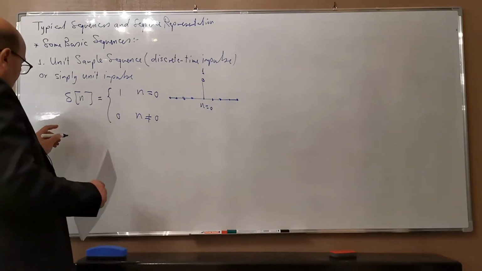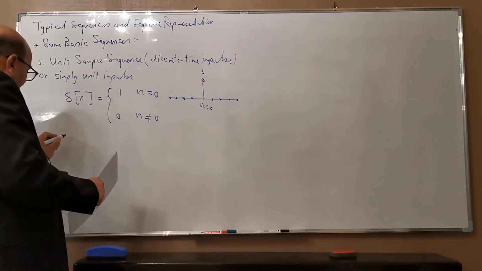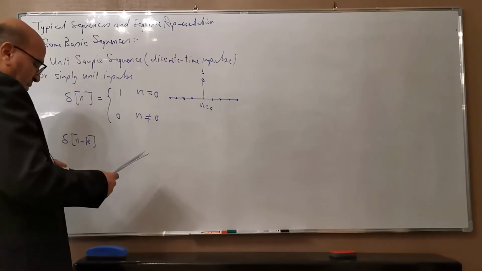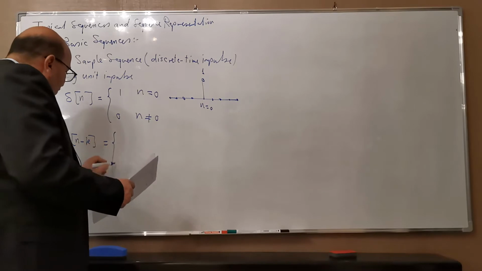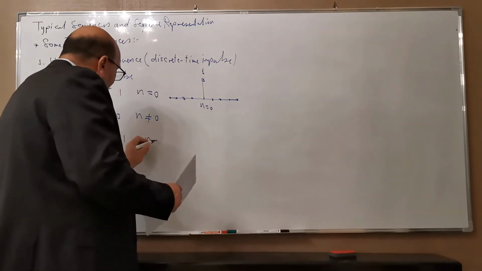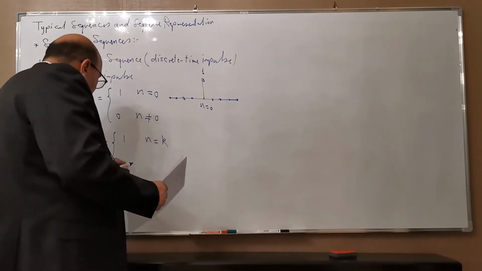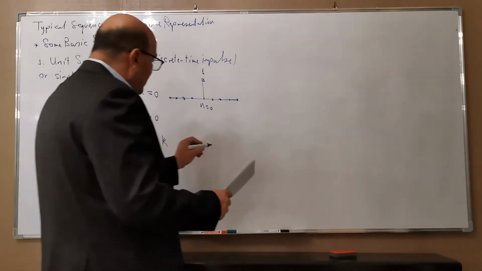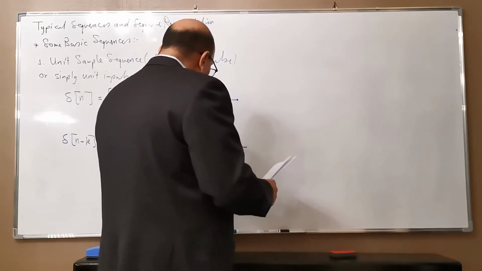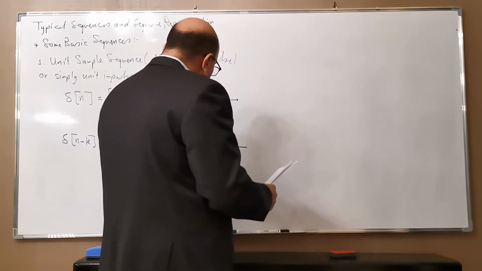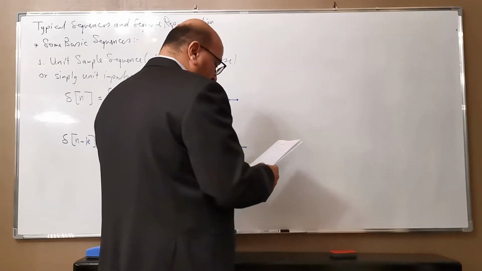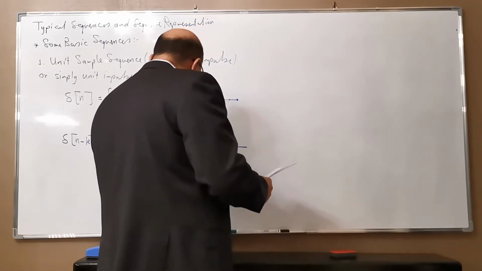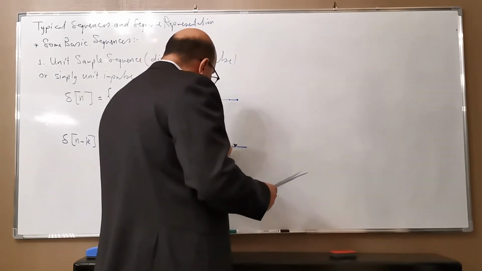Just to mention that we can also have a shifted delta by k, and this one is equal to 1 for n equals k, and 0 for n not equal to k. If we take an example, this is 1 at n equals 2, and 0 otherwise.